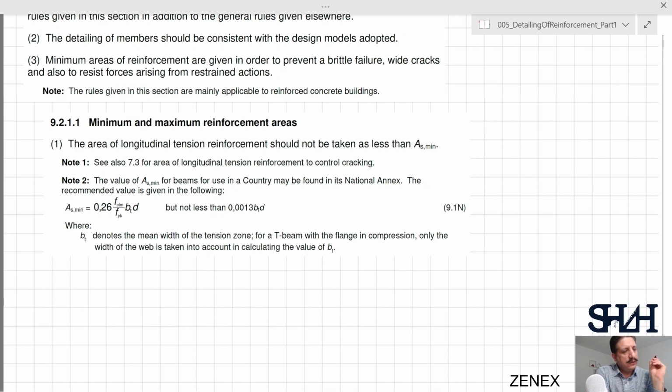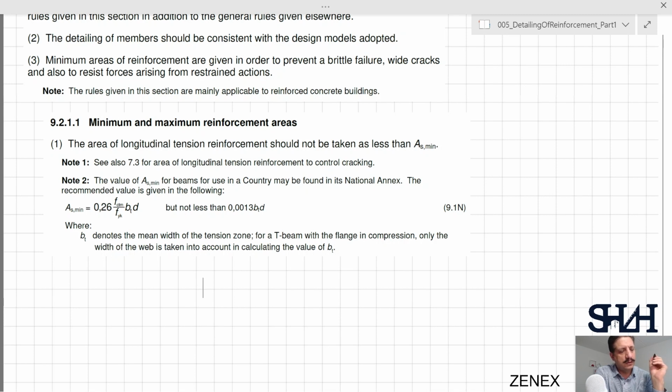Note 2, the value of As,min for beams for use in a country may be found in its national annex. The recommended value is given in the following: 0.26 fctm divided by fyk times bt times d, but not less than 0.0013 bt d.